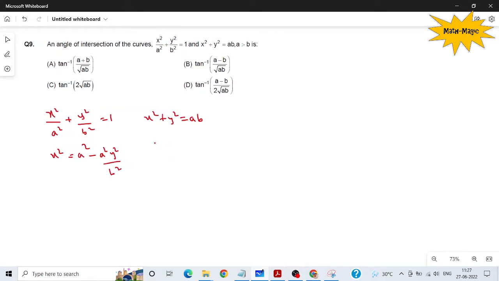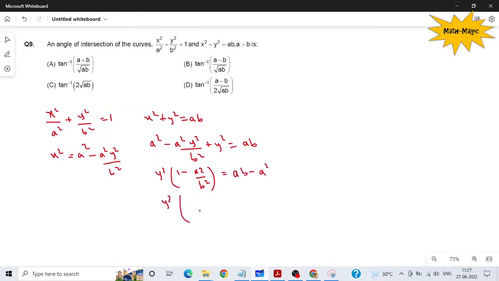We get a² − a²y²/b² + y² = ab. Then y²(1 − a²/b²) = ab − a². We can write this as y²(b² − a²)/b² = a² − ab... equivalently y² times (a² − b²)/b² equals a² − ab.